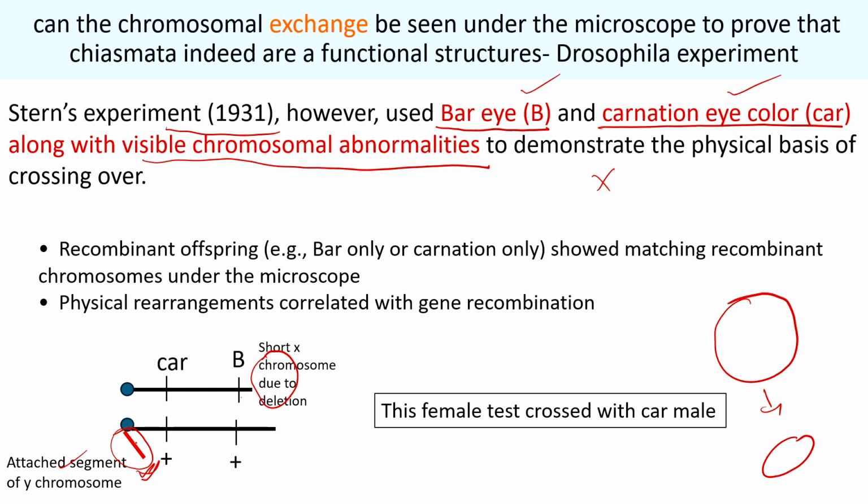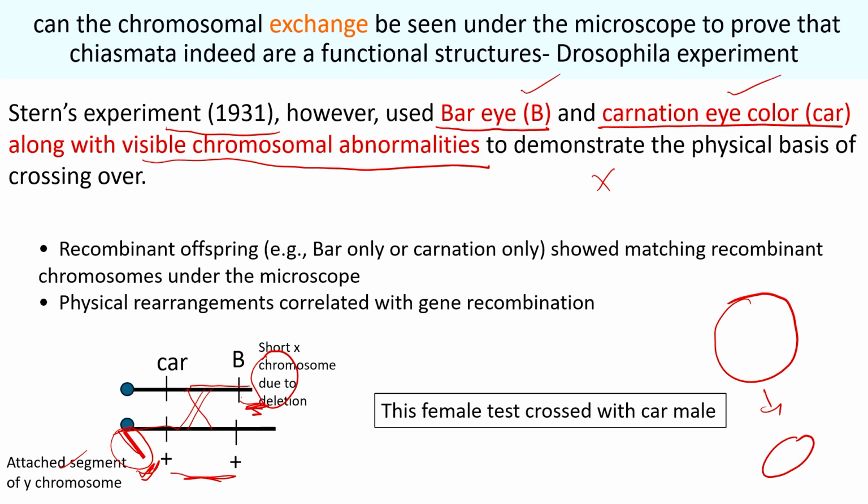So this combination has a translocation as well as a deletion, and by tracking, the bar phenotype is associated with the small short X chromosome, and the other X chromosome, where both the wild type alleles are present, has this Y chromosome translocation. If crossing over takes place, then you start seeing that you have bar as well as the Y chromosome translocation.